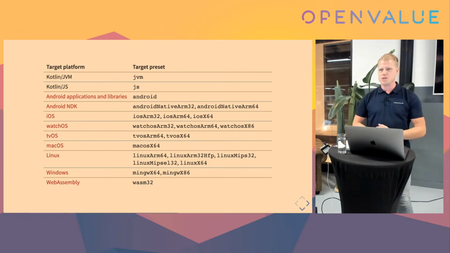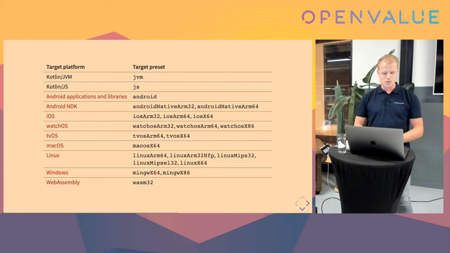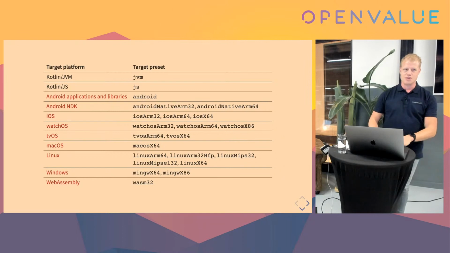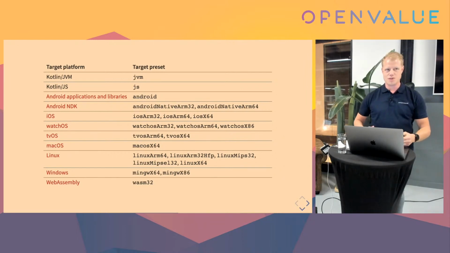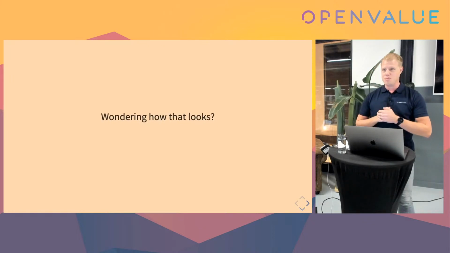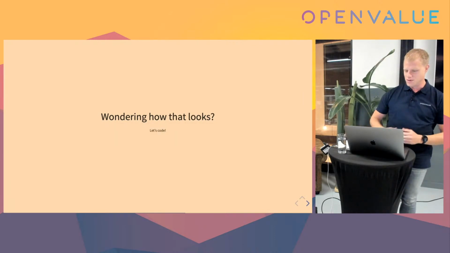Those are the platforms that belong to it: Android, iOS, watchOS, tvOS, macOS, Linux, Windows, and even WebAssembly. That's quite a list, and it basically means that in your single source code, you can target each one of them if you want. That's pretty cool. You might be wondering now how that looks, so we'll be switching to IntelliJ.